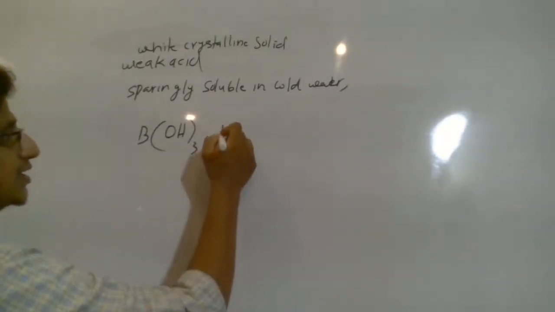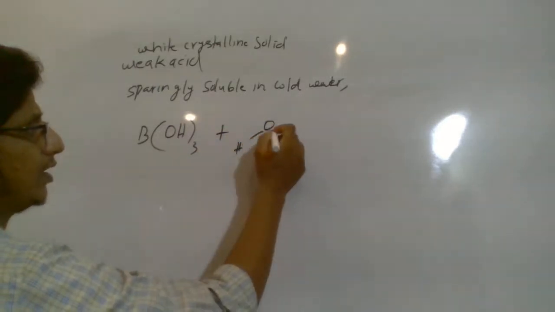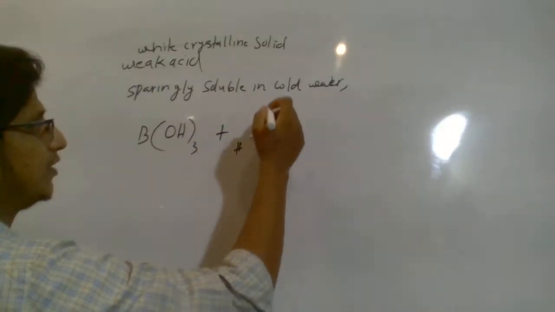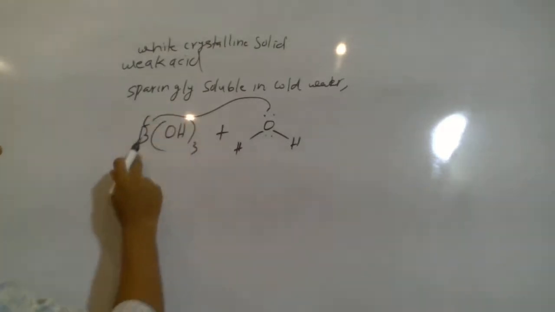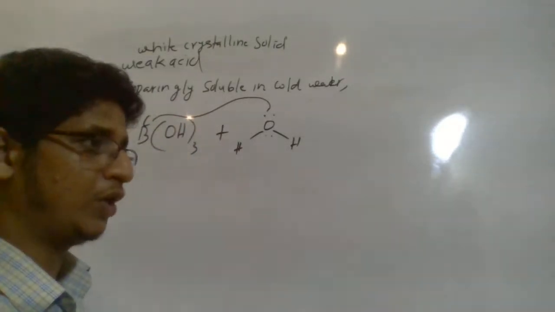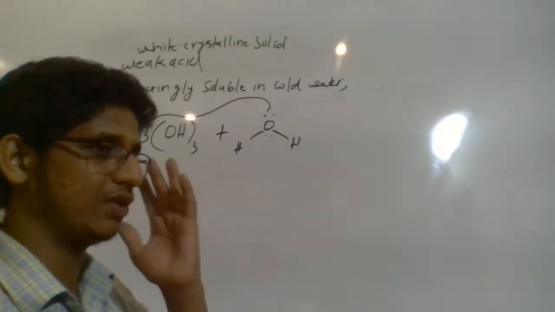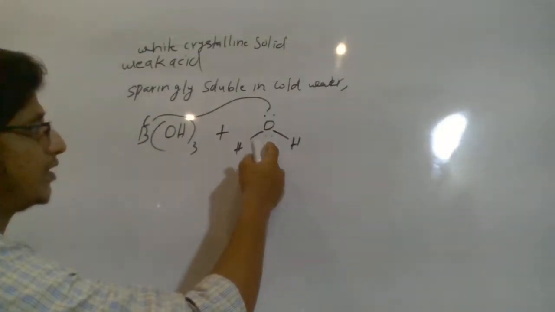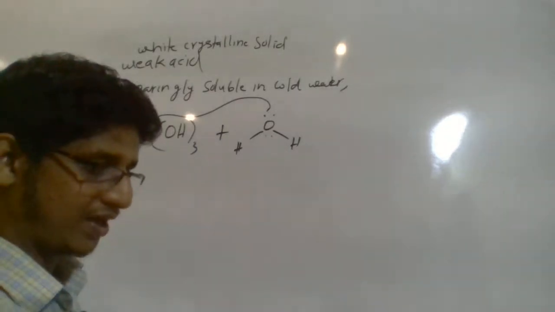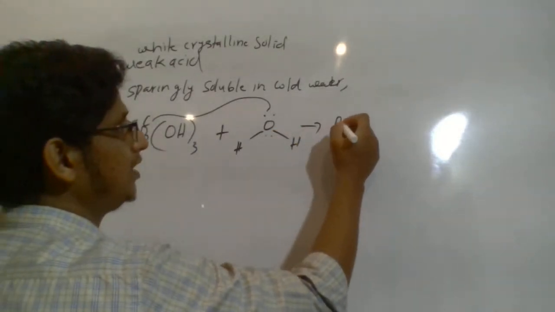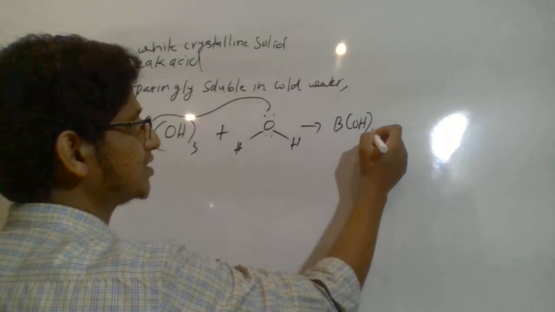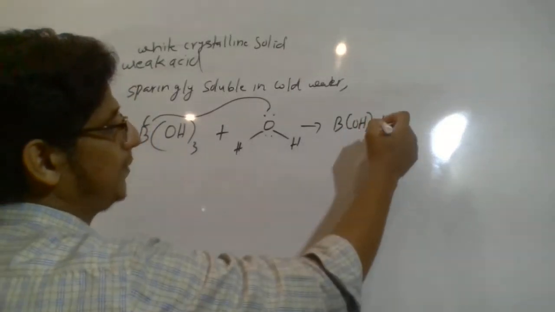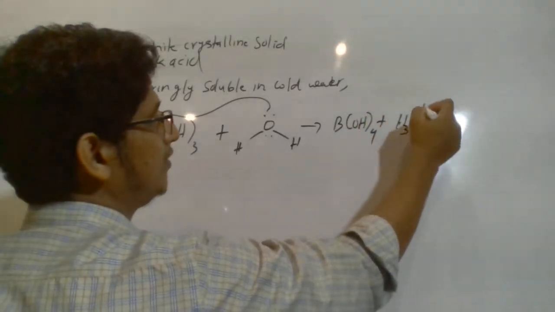What's happening here is that it reacts with water, where a lone pair of electrons from oxygen attacks the electron deficient boron atom. We know boron compounds are generally electron deficient compounds, so they are Lewis acids. So the lone pair of electrons attacks the boron atom and you get B(OH)4 minus, tetrahydroxyborate, and a hydronium ion will be released.